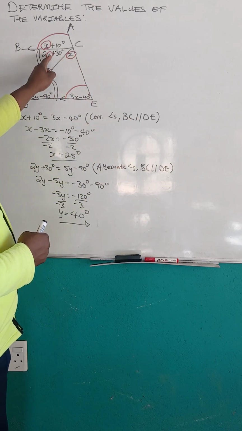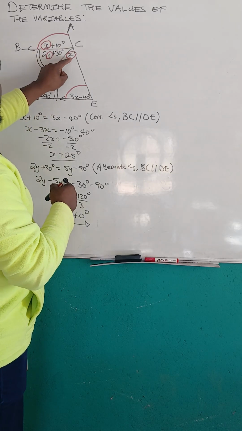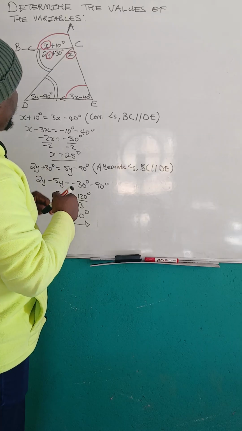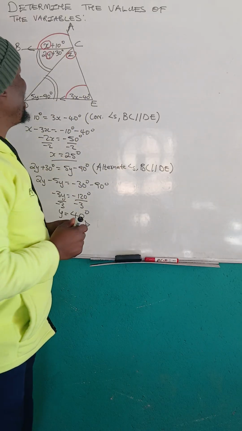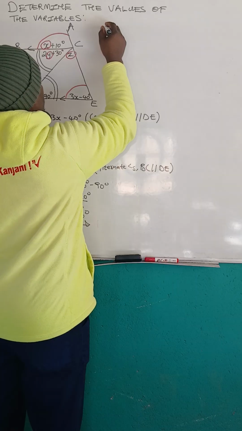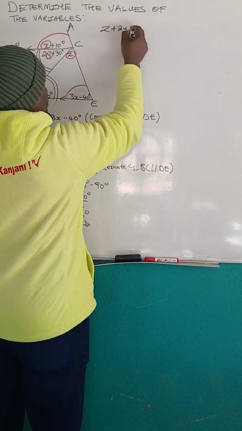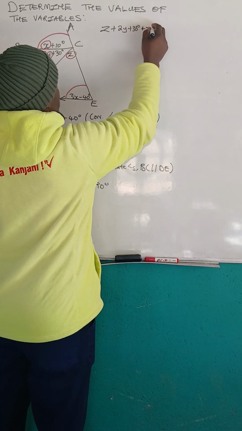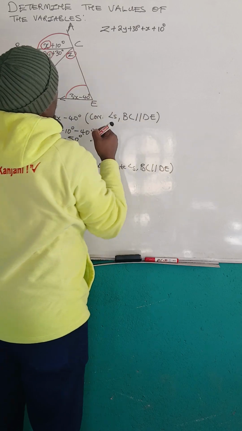Now that we've got the values of x and y, we can look at those three angles. This one, the one over there, as well as that one. The sum of these 1, 2, 3 angles should be 180 degrees. So we're going to say z plus 2y plus 30 degrees plus x plus 10 degrees.